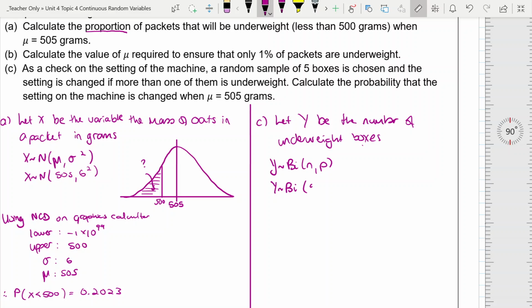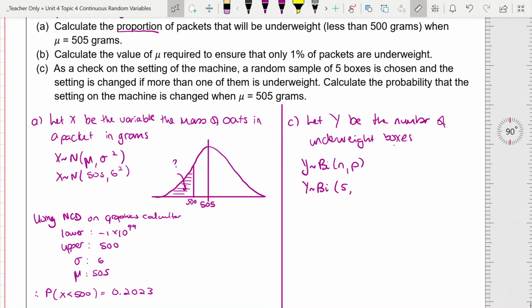So y is going to be 5, and our probability that they're going to be underweight is going to be our initial value here, which was 0.2023, because we know that our probability, remember they said when mu is 505, they're linking that back to our original question.